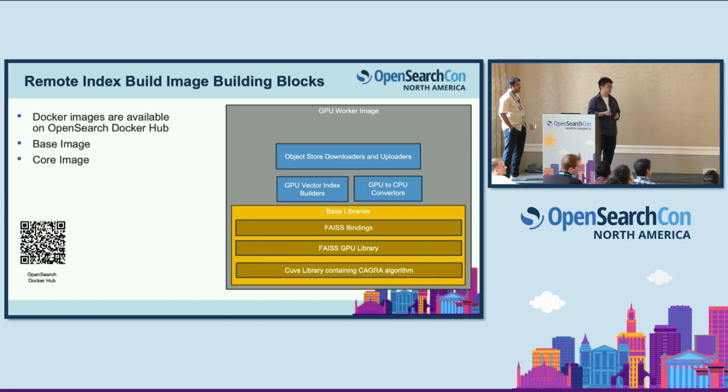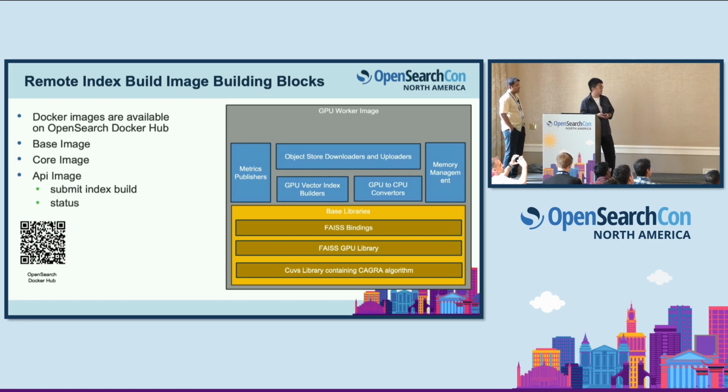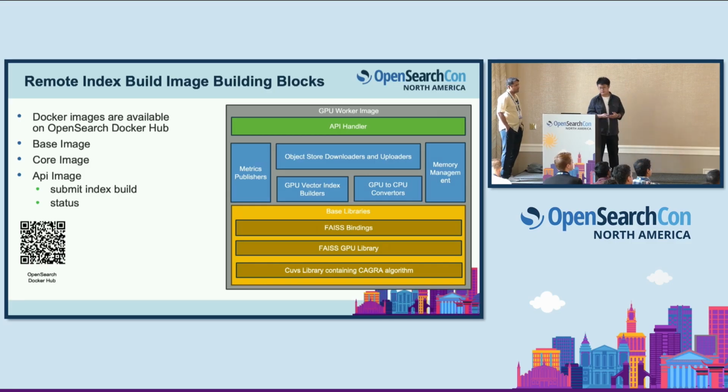So this is what will actually do the download from whatever remote object store you've chosen. Additionally, we also have some more components for memory management and metrics publishing. And then finally, on top of that, we have an API image. This API image conforms to the API contract that OpenSearch expects for remote vector index building.